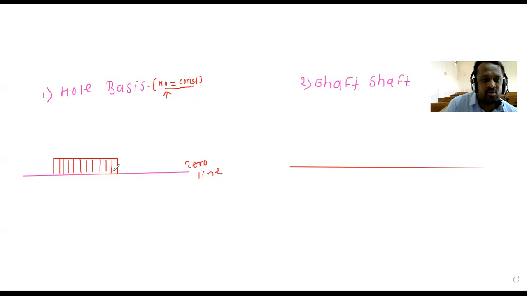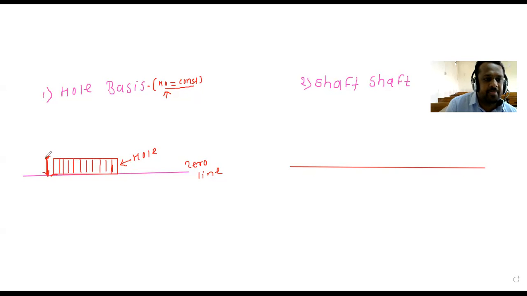This is the tolerance zone for the hole. So this is the upper deviation, and here the zero deviation. Zero deviation is nothing but the basic size.